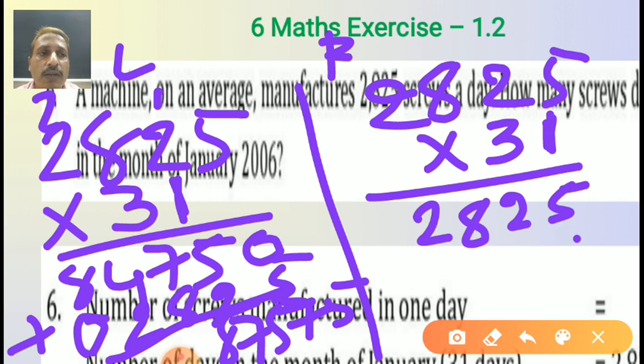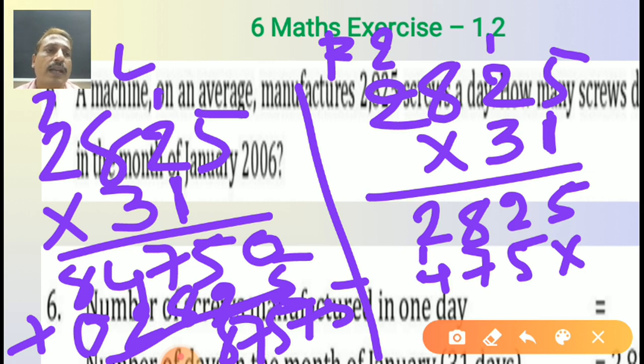Some are putting here a cross or some are putting here 0. Both the things are common. 3 5s are 15. 1 is the carryover. 3 2s are 6 plus 1, 7. Good. And 3 8s are 24. 4 is here. 2 is the carryover. Student, 2 is the carryover. Now 2 ones are 2 plus 2, 4.